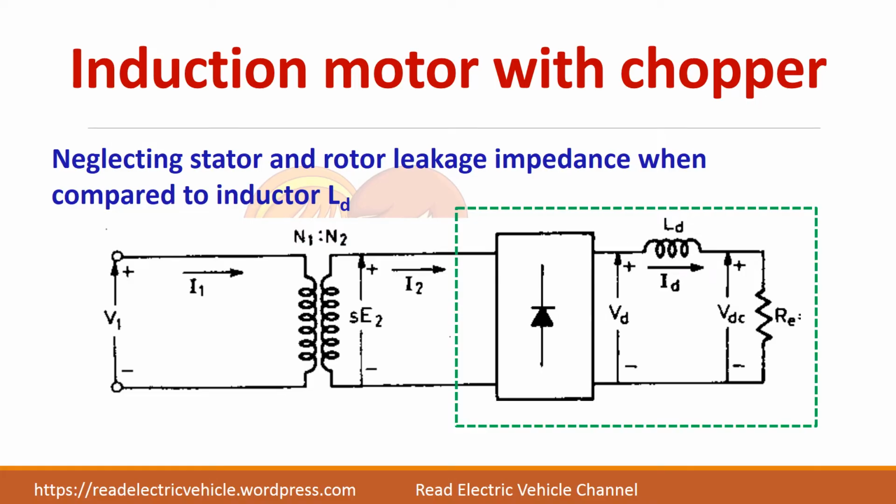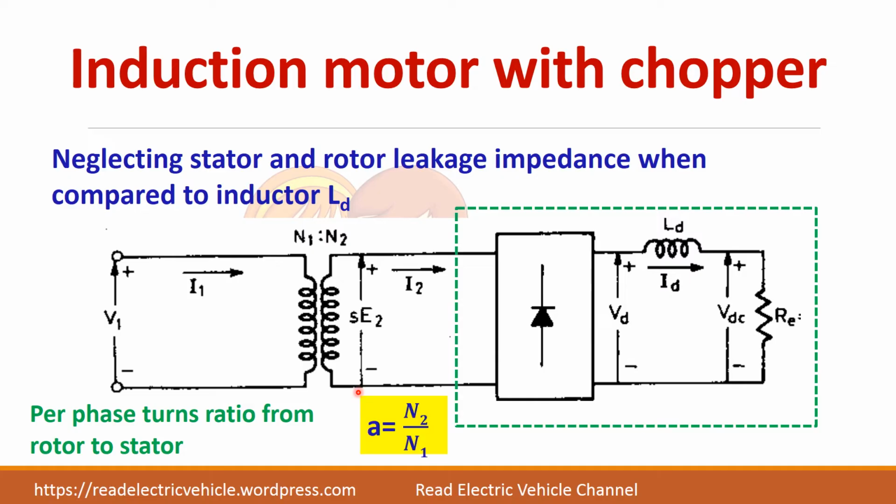Now let us neglect the stator and rotor leakage impedance when compared to this inductor LD. So this is neglected and we are focusing on this part. Here you have a turns ratio which represents the number of turns in the rotor and stator. So A is given by N2 by N1.